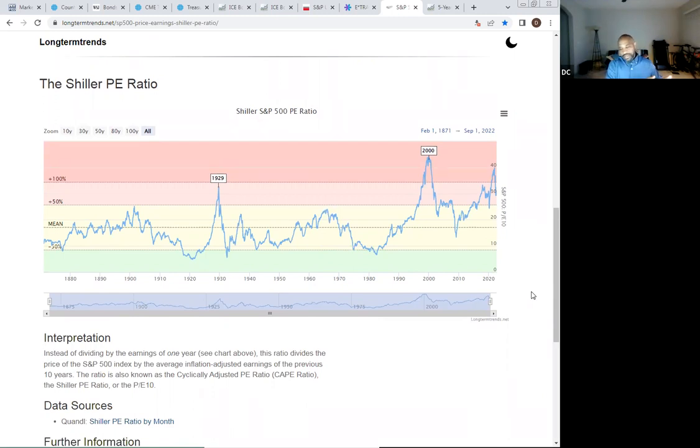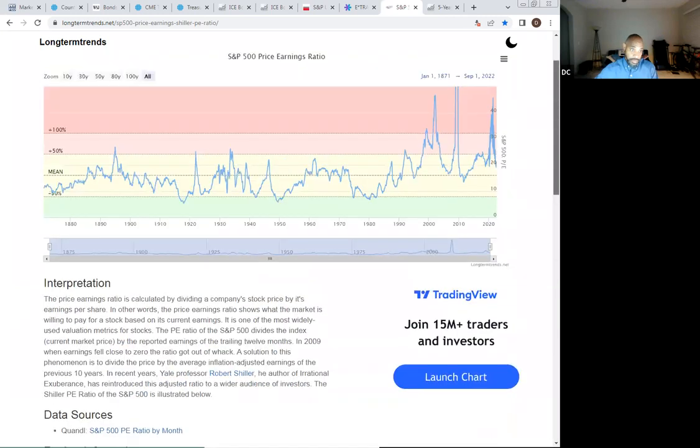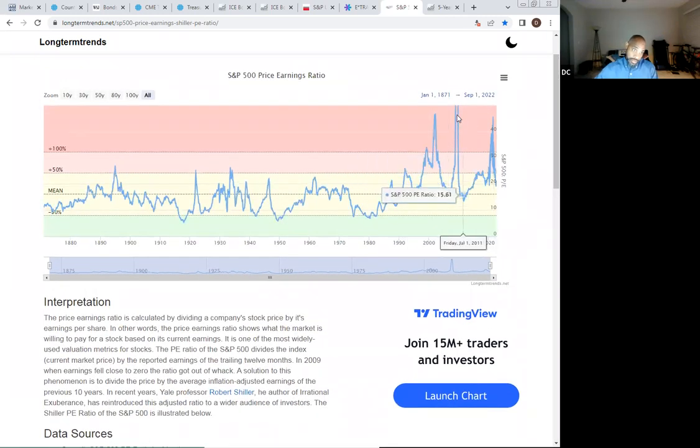It is a 10-year average of inflation adjusted PEs to remove the impact of a negative earnings event. What that means is in 2008, earnings were negative, and it's just simple division. If you have 100 divided by -1, then whatever that number is going to be ridiculously high, but it's artificial.